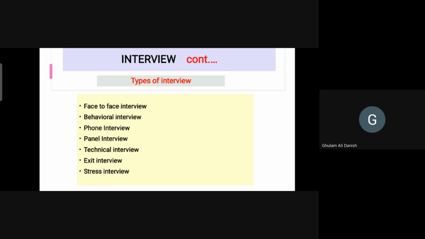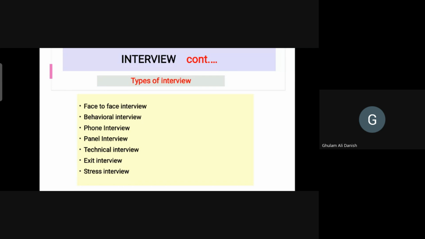Another thing: the face-to-face interview is where the person is sitting right in front of you and asking the questions which you have already written. He will just be asking those questions. Then comes the behavior interview, which shows your behavior pattern.